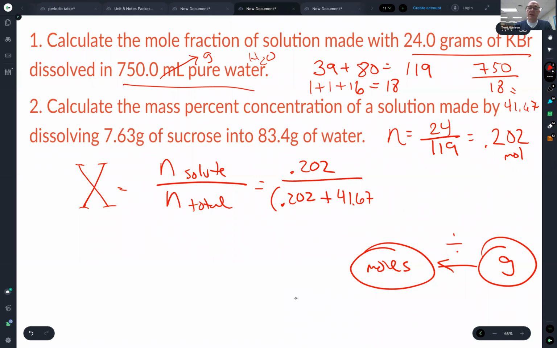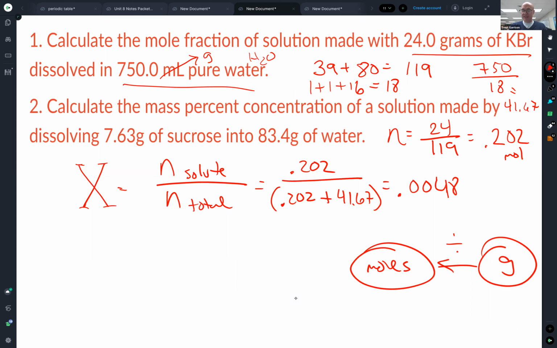Okay. Now, plug all this into a calculator to get your final mole fraction. Don't turn it into a percent, just leave it as a decimal. 0.202 divided by 0.202 plus 41.67, and you end up with 0.0048. Now, it's kind of odd that they call it a mole fraction.